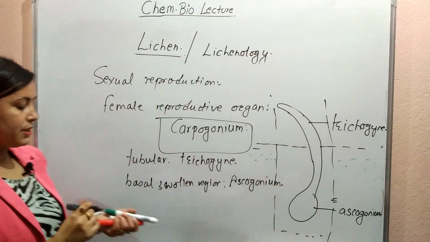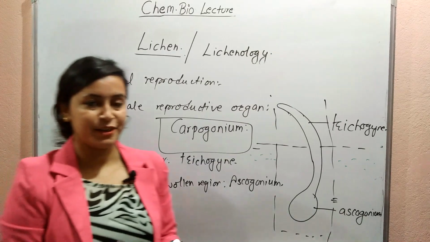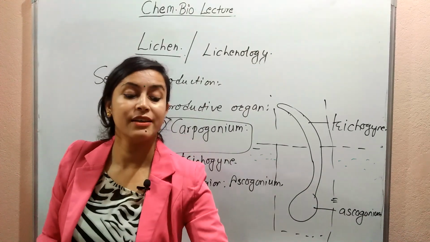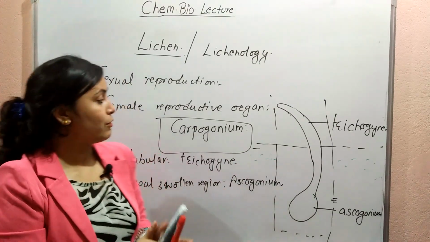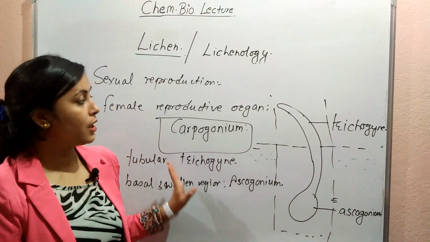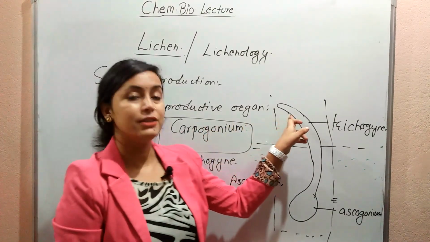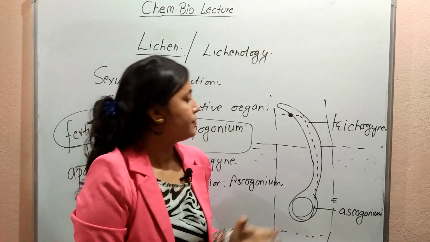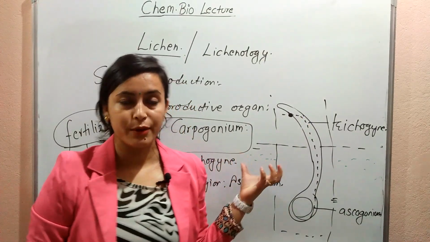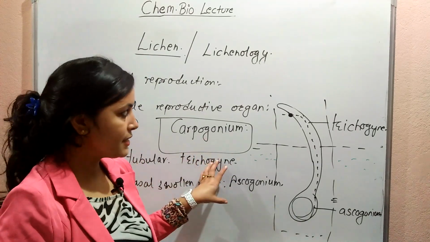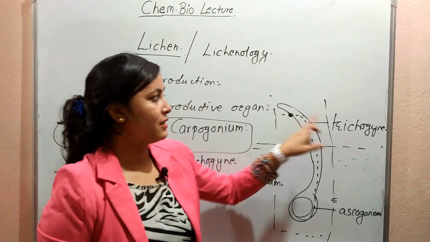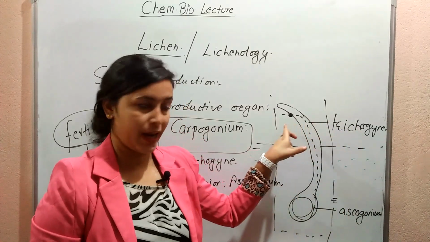In the male reproductive organ, that is the spermagonium, spermatia are released. Now the spermatia will come in contact with the trichogyne. They lie on the sticky surface of the trichogyne.